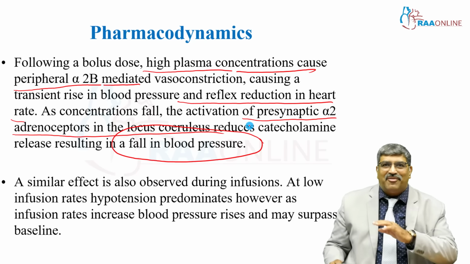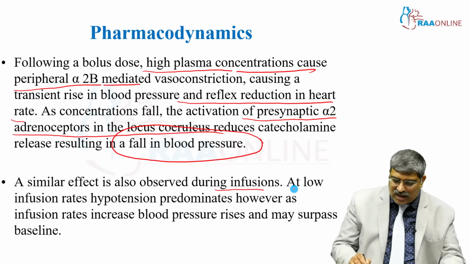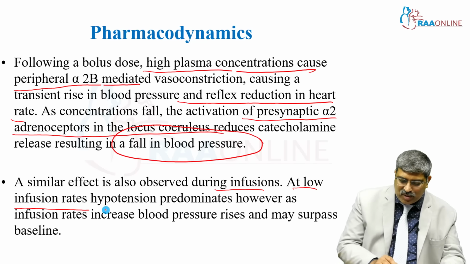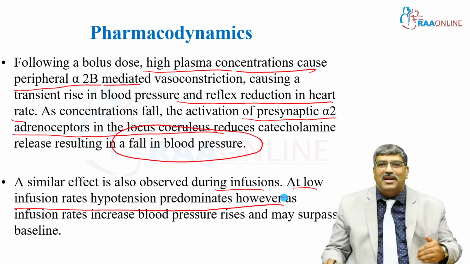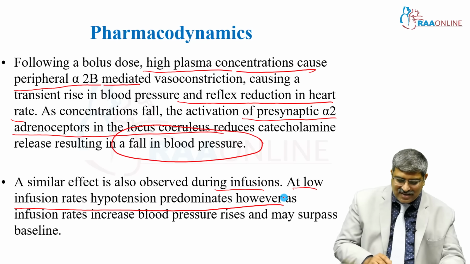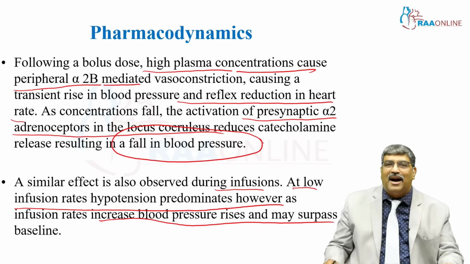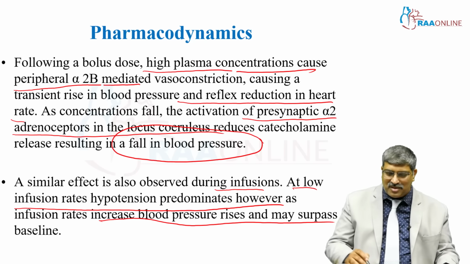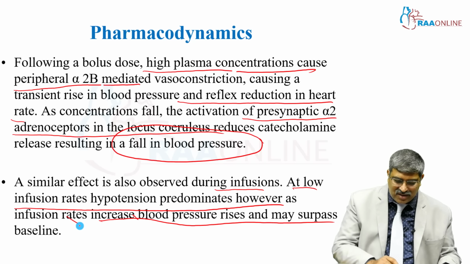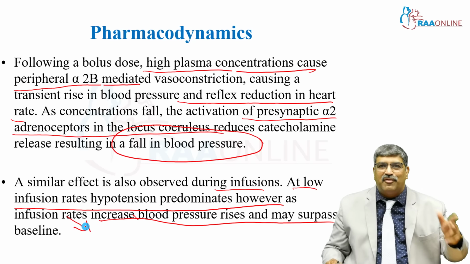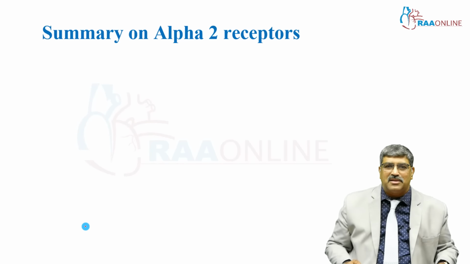And a similar effect can be seen with infusion. At low infusion, hypotension predominates. However, as infusion rate increases, your blood pressure increases and may surpass your baseline blood pressure. This is because this high concentration might stimulate the alpha 2b receptors.